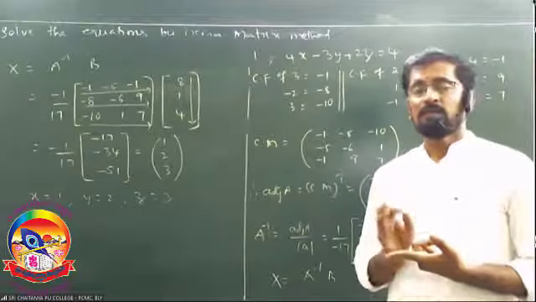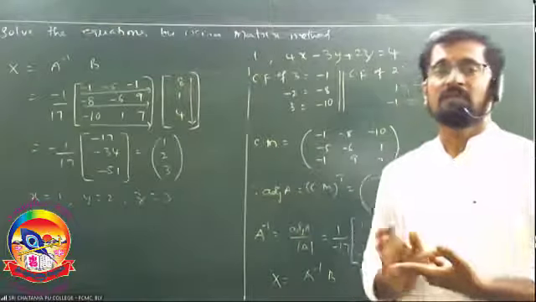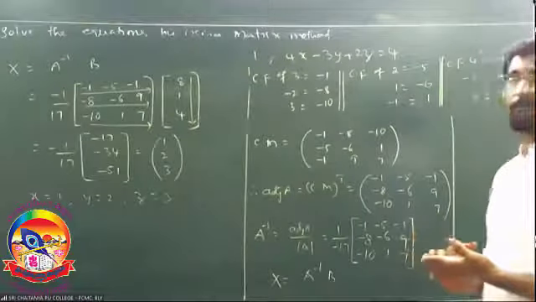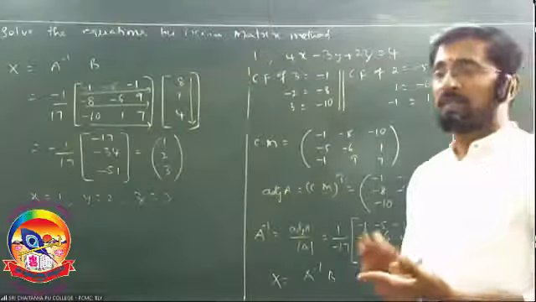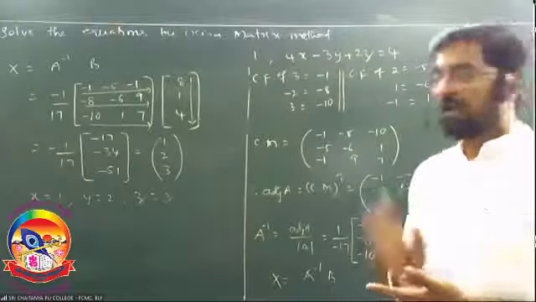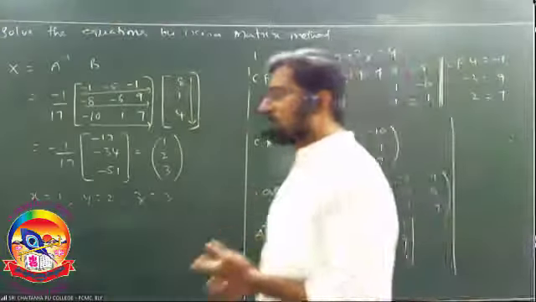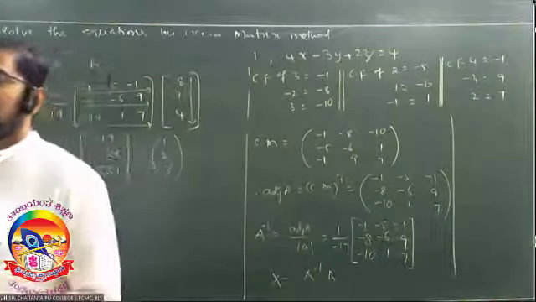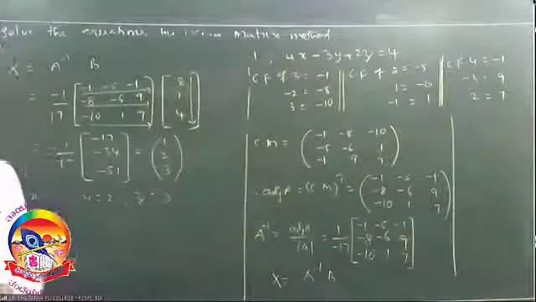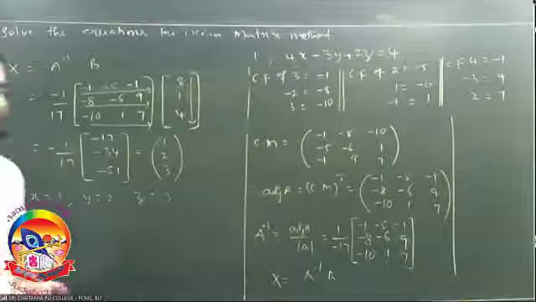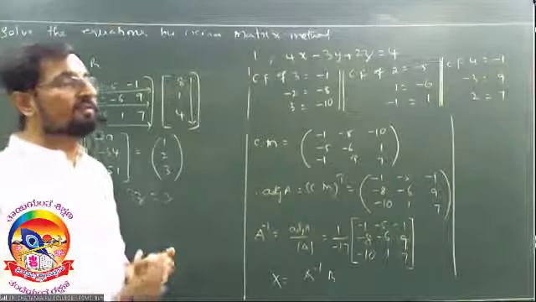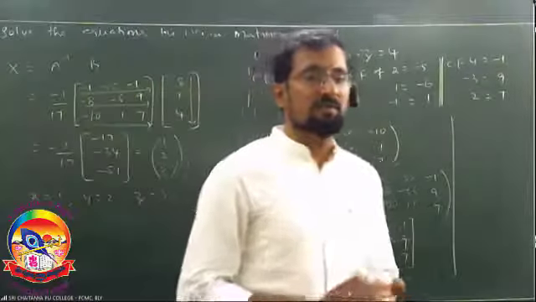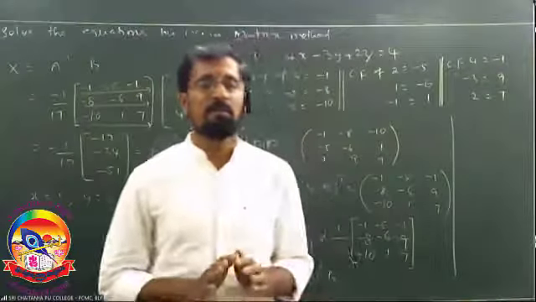Means you should find out X, which is called the variable matrix, that is equal to A inverse into B. To find A inverse, initially you should find out det A. If det A is not equal to 0, then A inverse exists. If it is equal to 0, A is a singular matrix, A inverse does not exist, and you can stop the problem there.